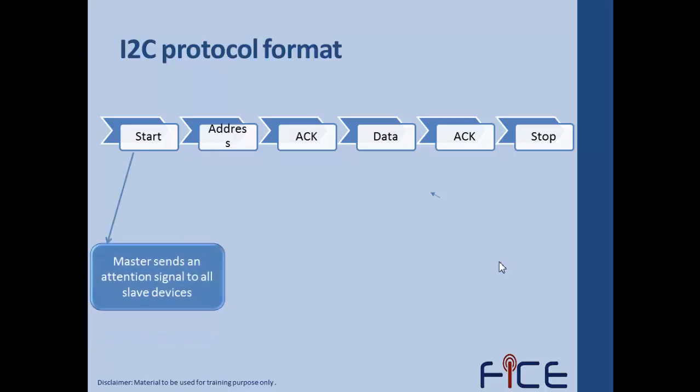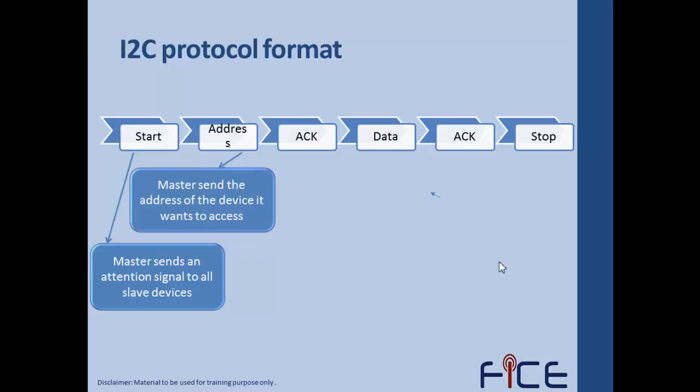Start is a control bit which is generated by the master when the master wants to communicate with a slave device. Then the master sends the address of the device it wants to access.